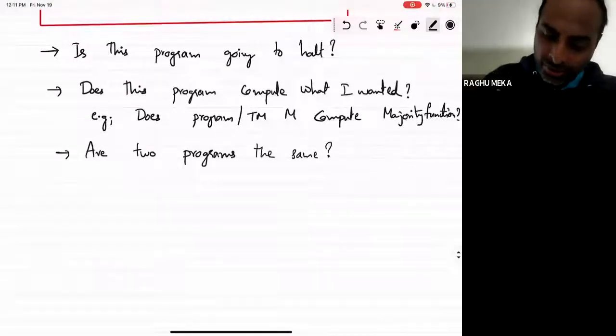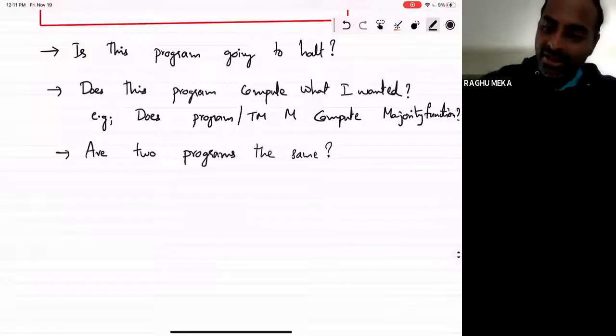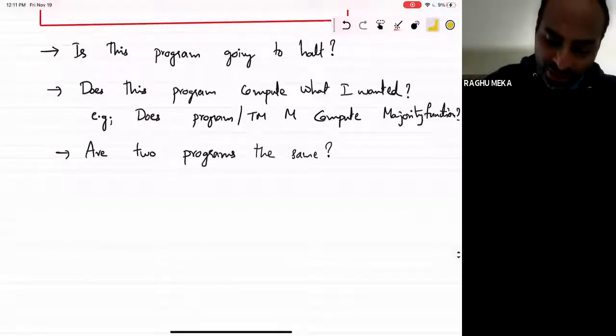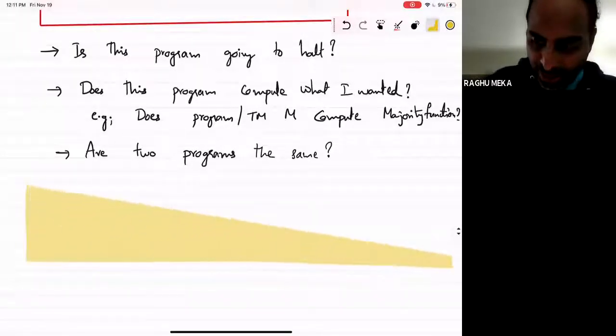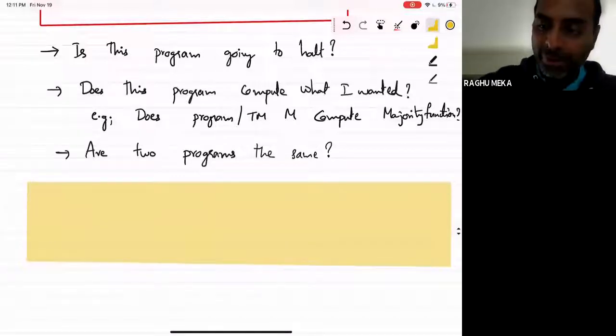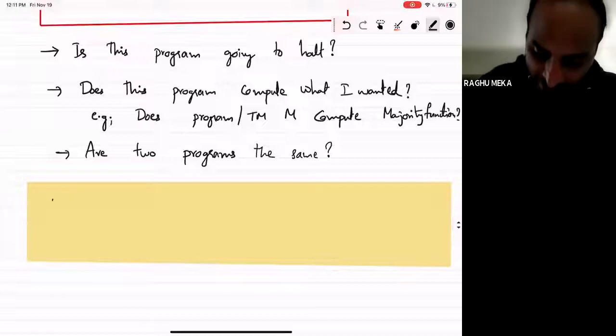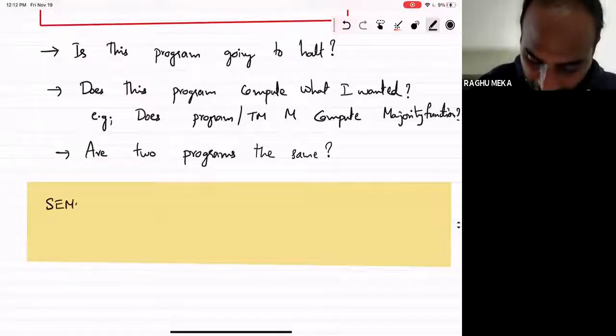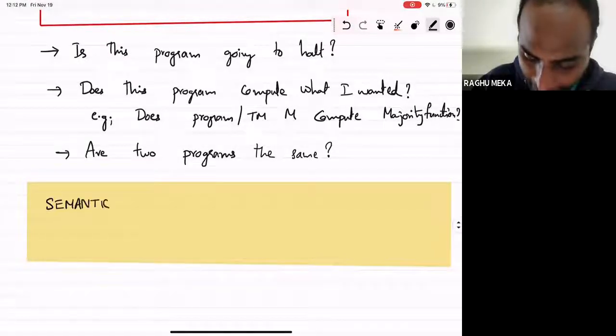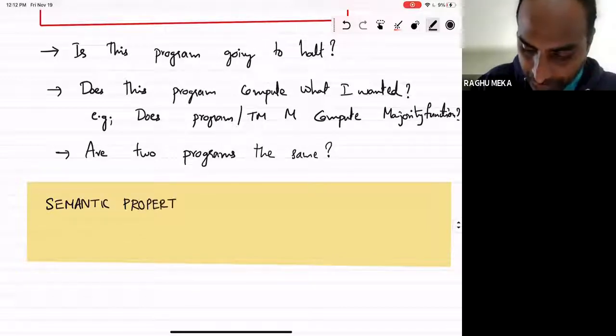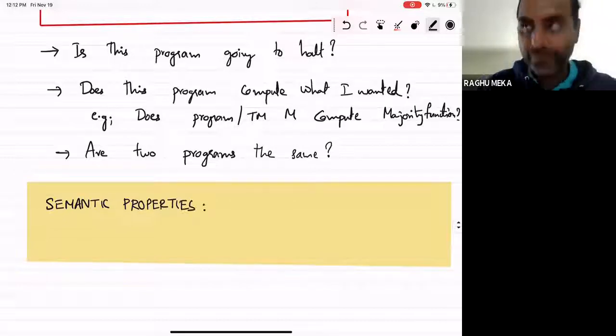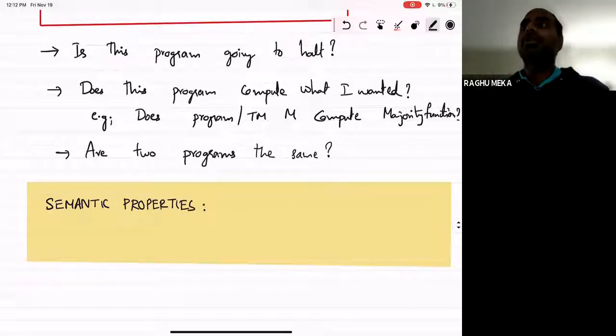Okay. So to abstract these things, we're going to introduce this very nice notion called semantic properties. Okay. So let me define it. And please interrupt me with any questions.